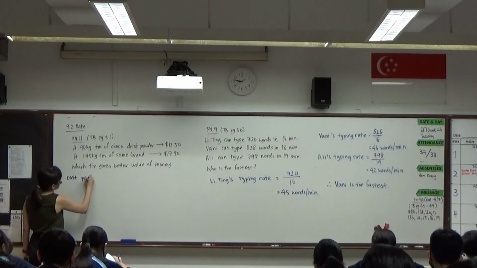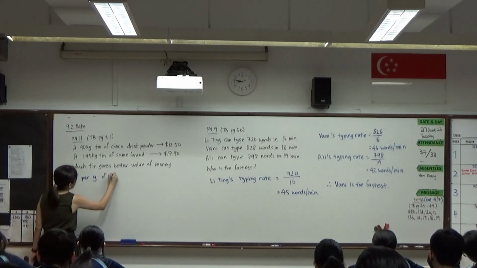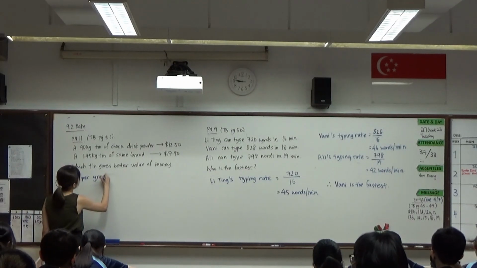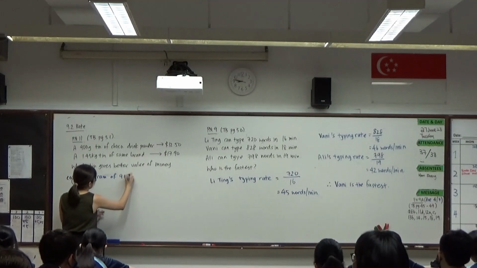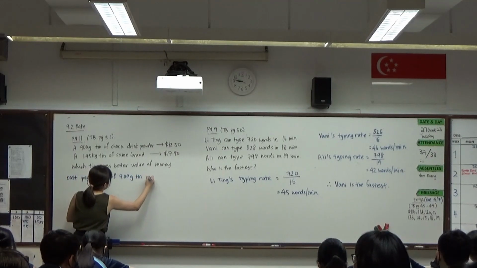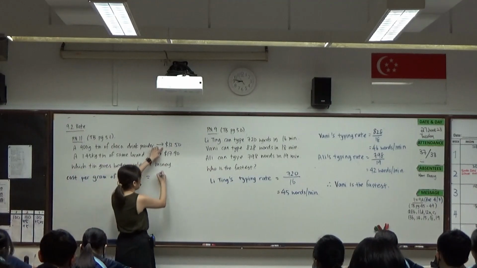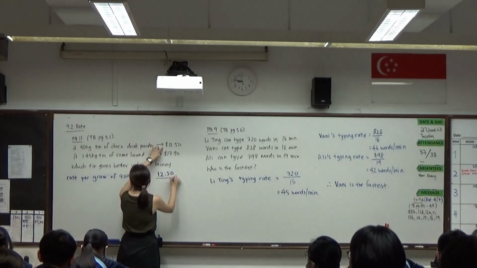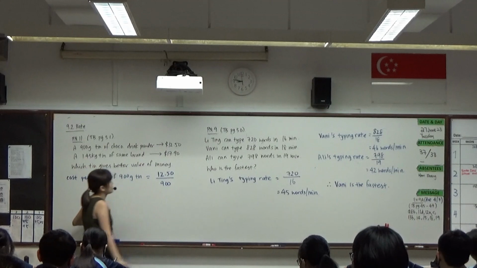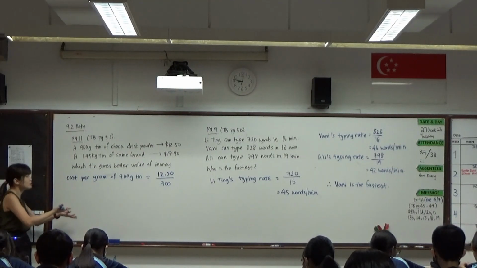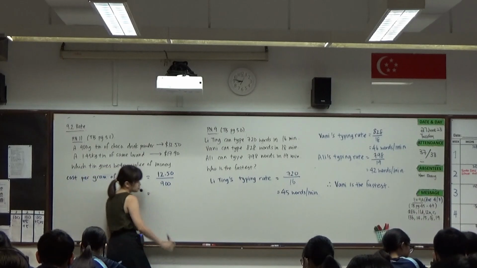Cost per gram of the 900 gram tin. Okay, we take the cost of $12.50 divided by 900 grams, so that we make sure we have the same base of a common gram in this case.